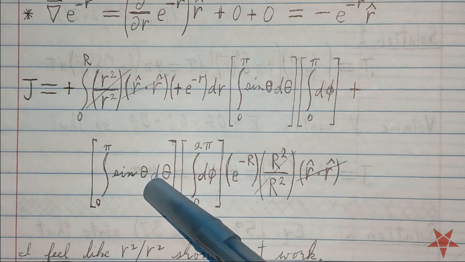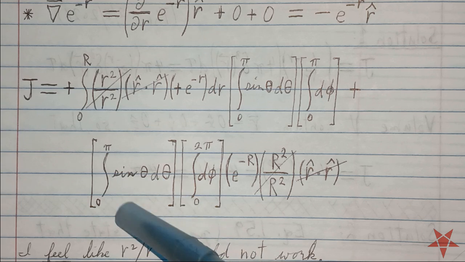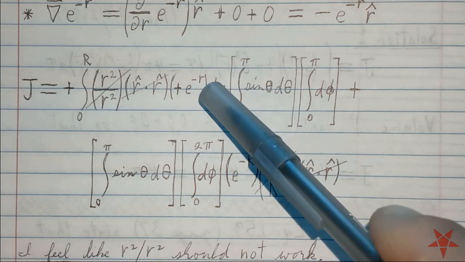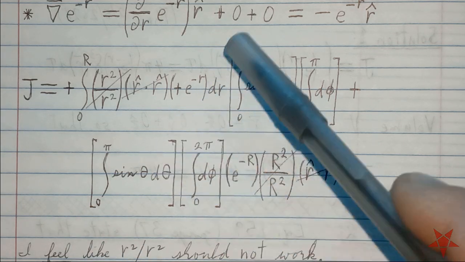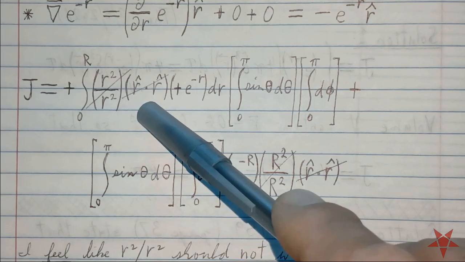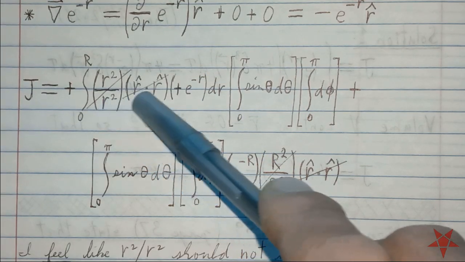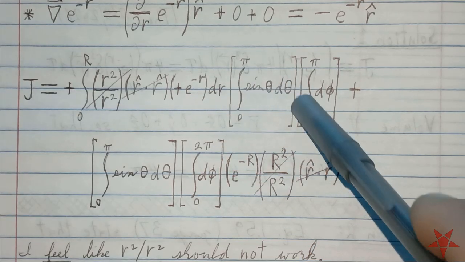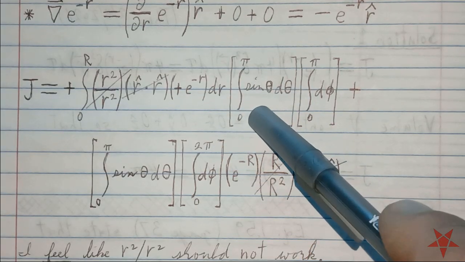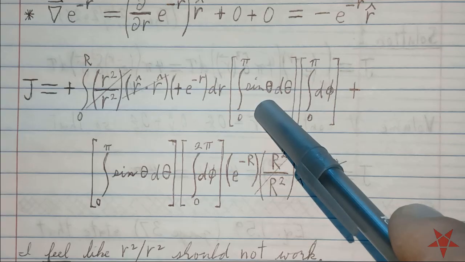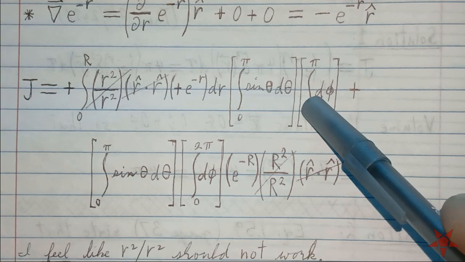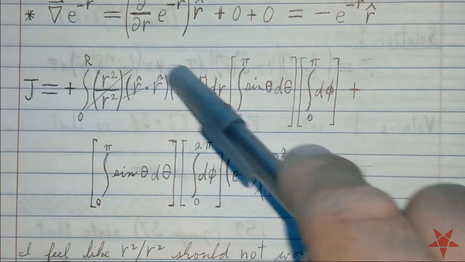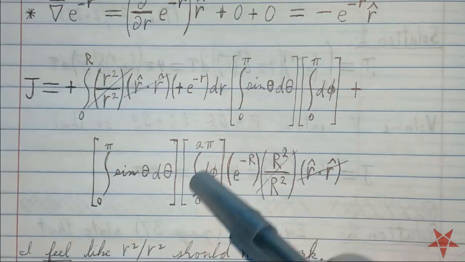So in all limits considered, it's not a factor as far as I can tell. So this goes to 1, this goes to 1, e to the negative r times dr is still there. And then the evaluation of the theta and phi components is independent of the evaluation of the r section.